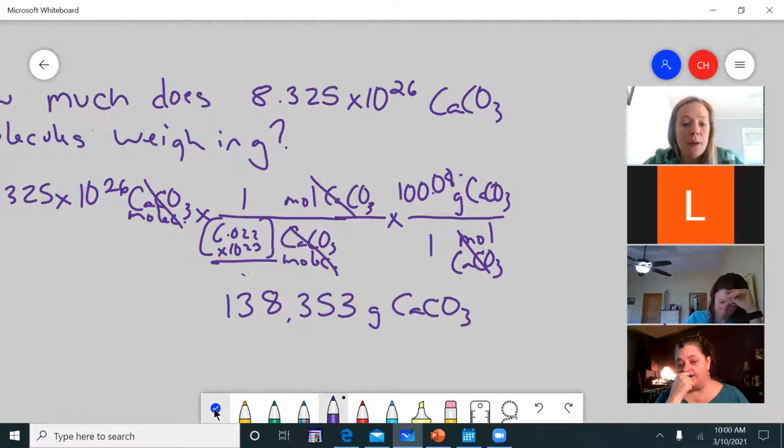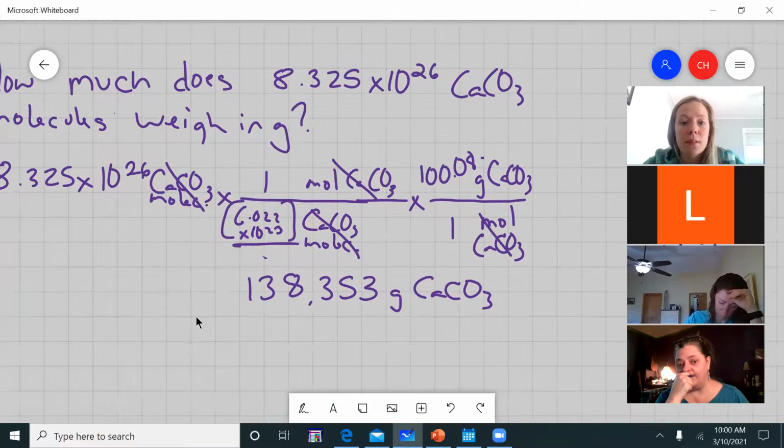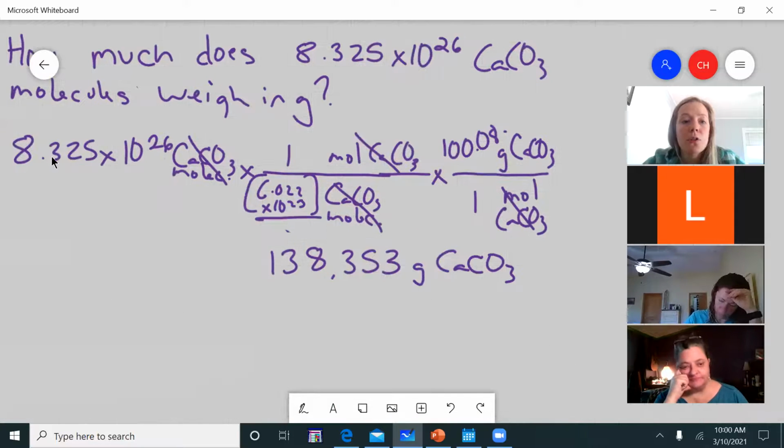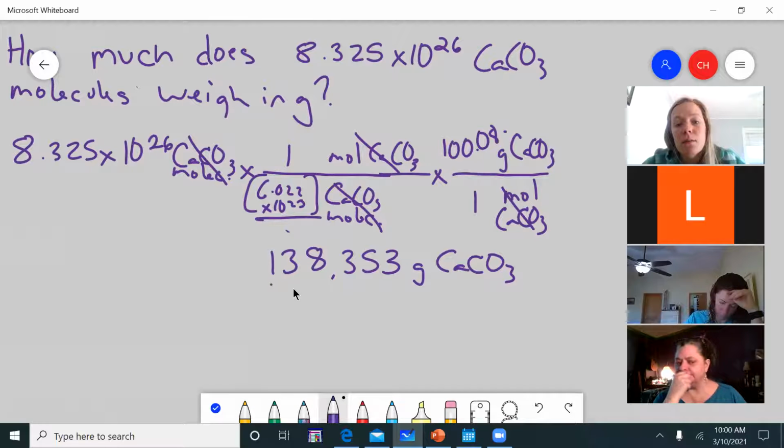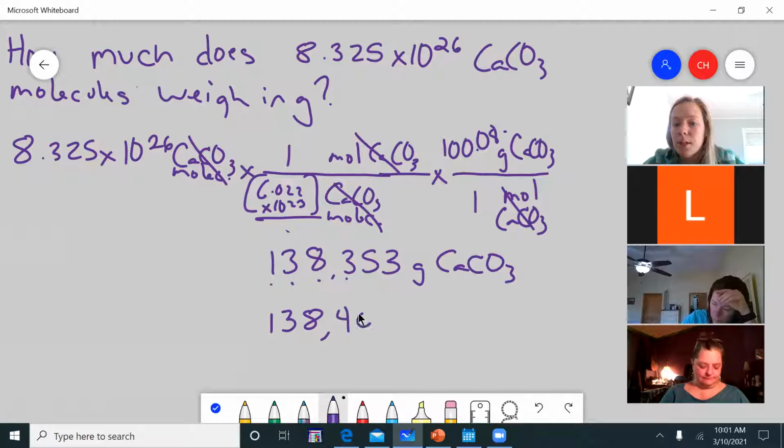And then I'm going to refine it by using the sig figs that were given to me. So 1, 2, 3, 4 sig figs. So that means we get to keep the 1, we get to keep the 3, the 8, and this 3. The 5 will tell the 3 to round up to 4. So it's 1, 3, 8, 4, and then the other spots will fill in with a 0 grams of CaCO3.